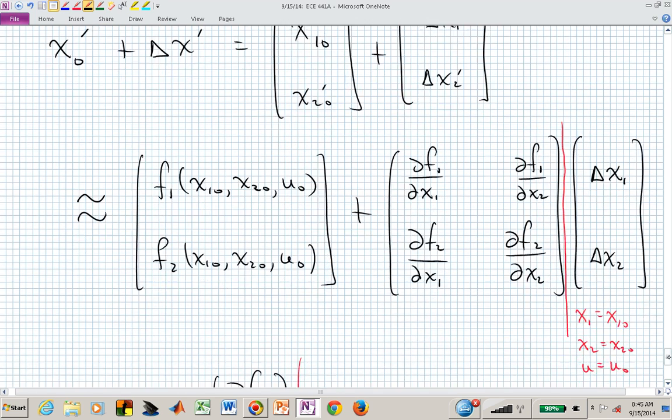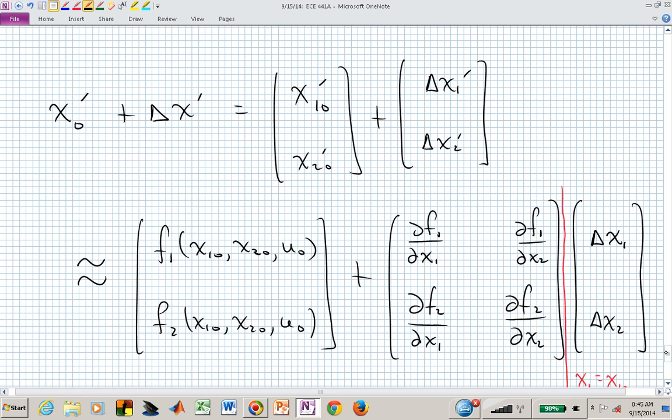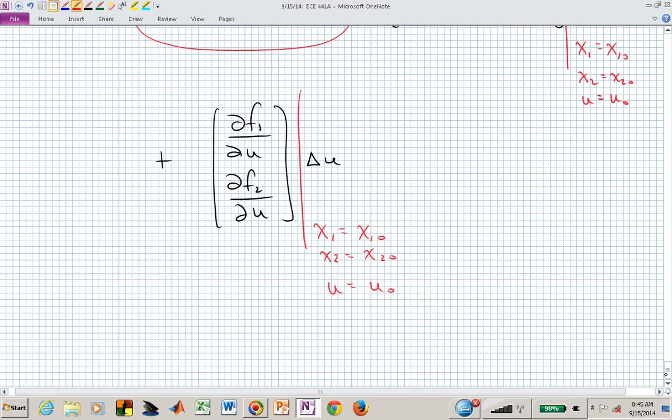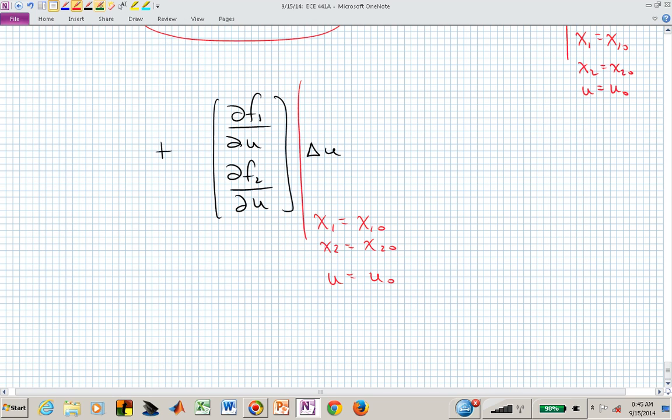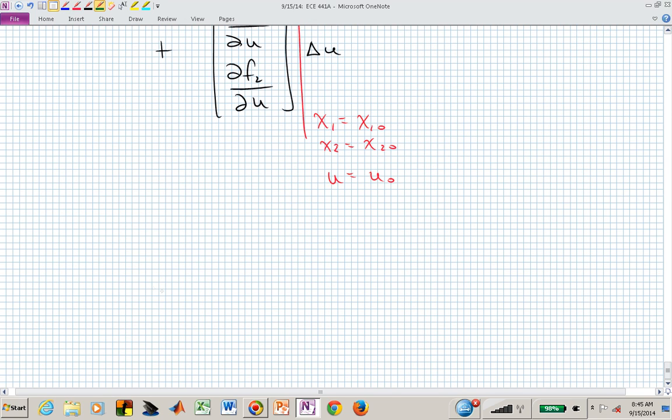Now what we know is that these two terms right here, they're on opposite sides of the equality sign, or that approximation sign, but those are supposed to be equal at the operating condition. Which leaves us then with the following linearized form for a second order system dynamics.